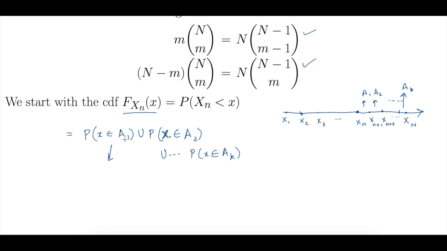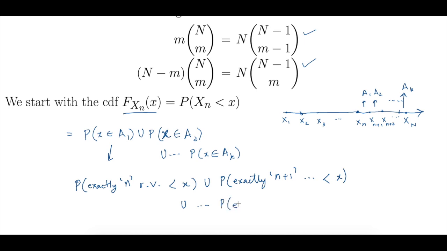So what does it mean? x is in A1 means that exactly n of these variables are less than x. So we will say probability exactly n random variables are less than x, union exactly n plus 1 of these variables are less than x, union up to the last one.